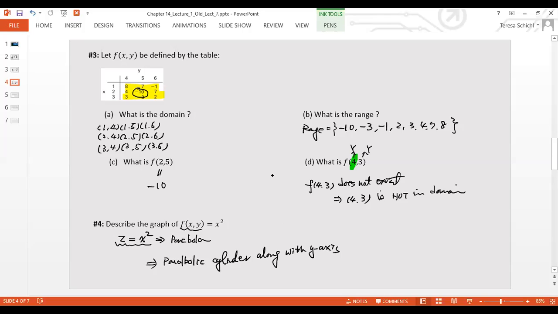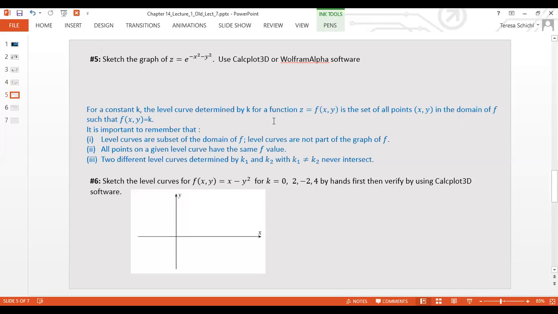Okay, so for the next few problems, I'd like you to get familiar with software that can help us graph. The first one: we try to graph the function z equals e to the x squared minus y squared.